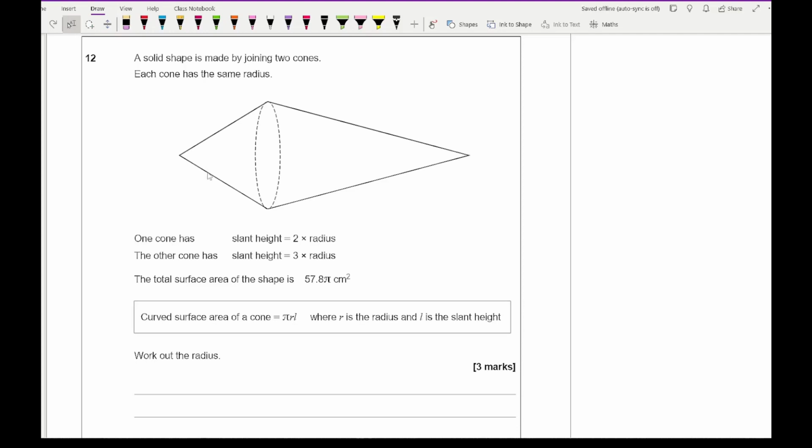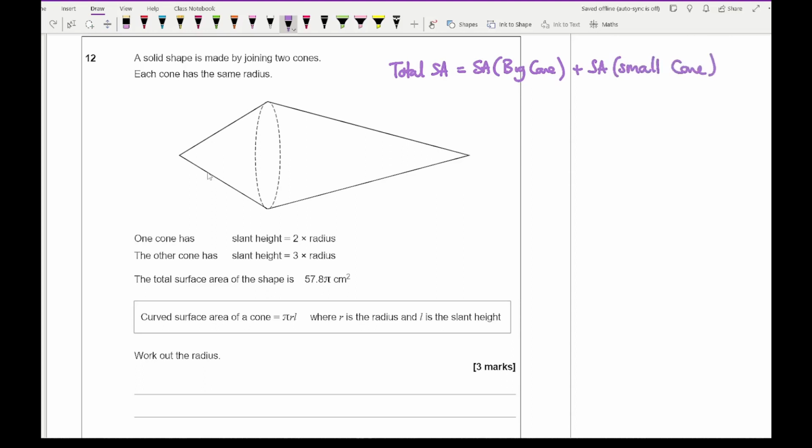So first of all, let's just work with the total surface area. Now total surface area is the area of the 2 cones, so it's the surface area of the big cone plus the surface area of the small cone.